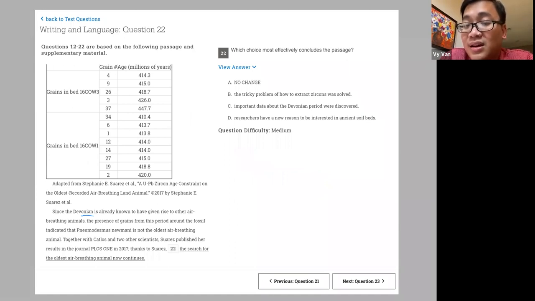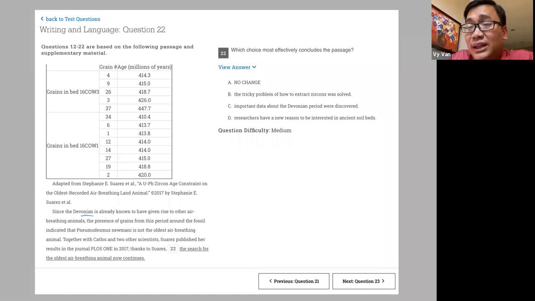Together with Catlos and 2 other scientists, Suarez published her results in the journal. Thanks to Suarez. So which one talks about whether this thing is the oldest air-breathing animal or not? Which one says that?